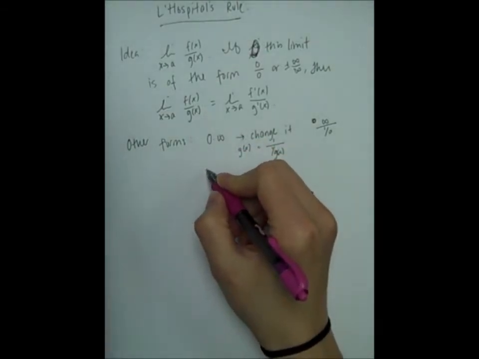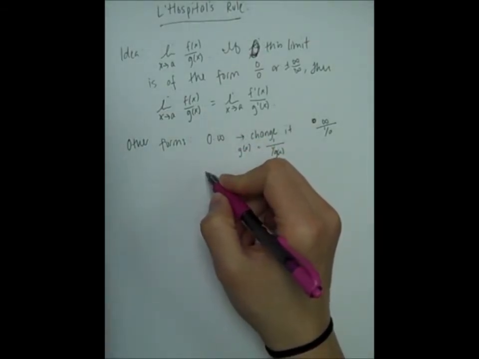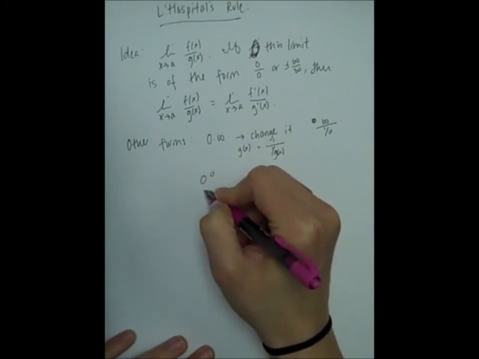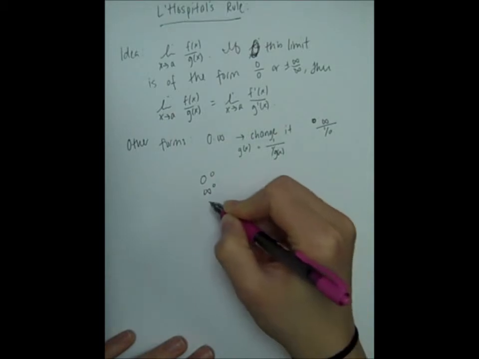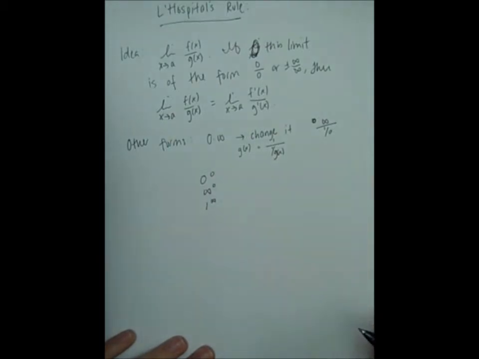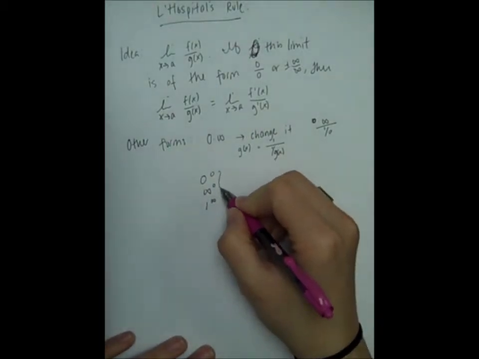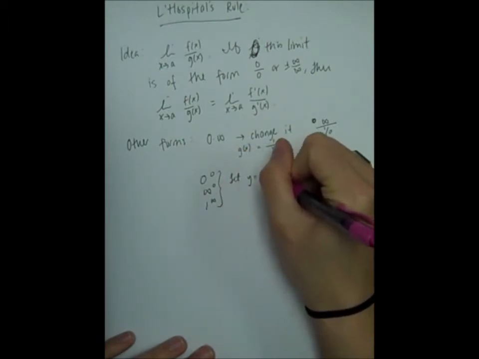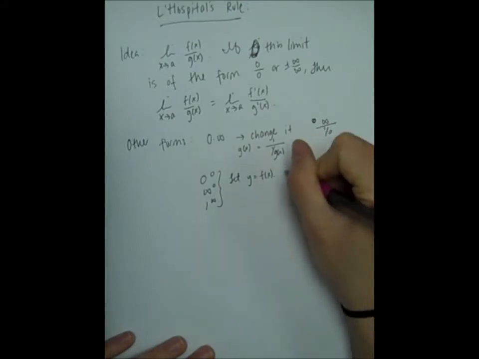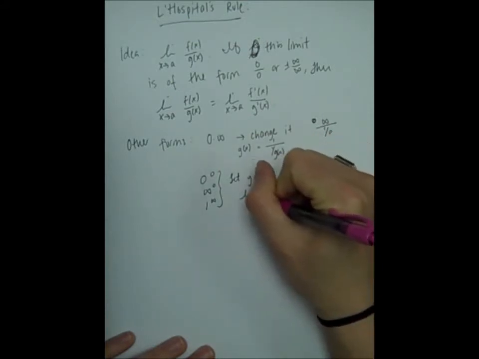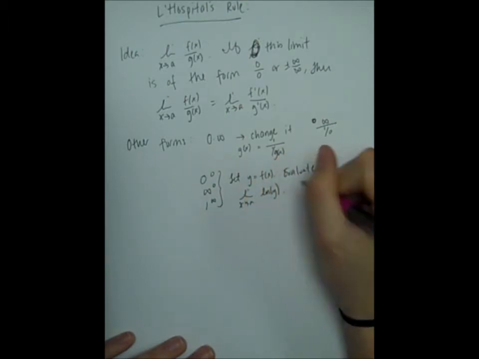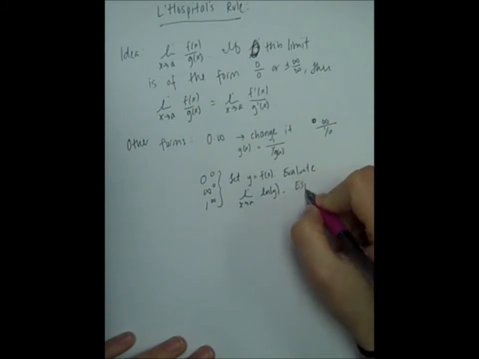If it's of the form some kind of exponential, so maybe 0 to the 0, infinity to the 0, 1 to the infinity, something like that, in this case you're going to let y be your function, and then evaluate the limit of the natural log of y, find the answer to that, and then exponentiate.